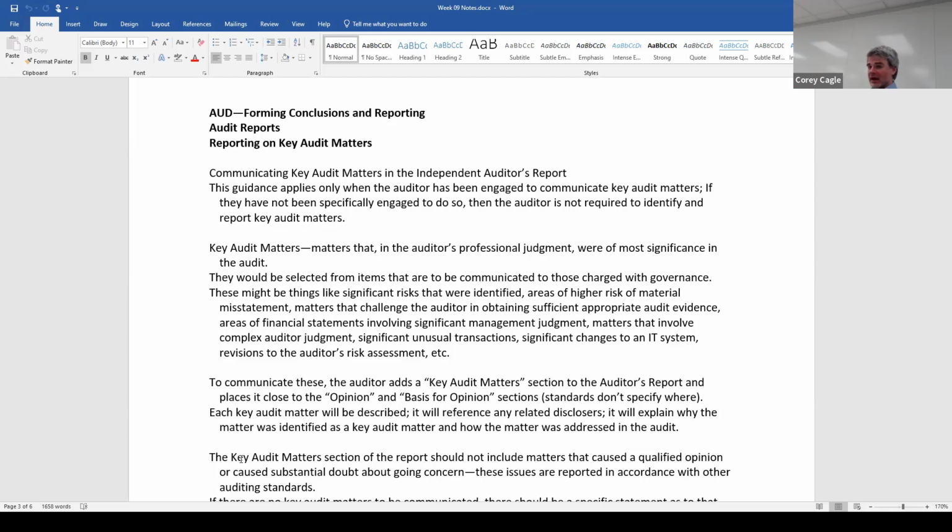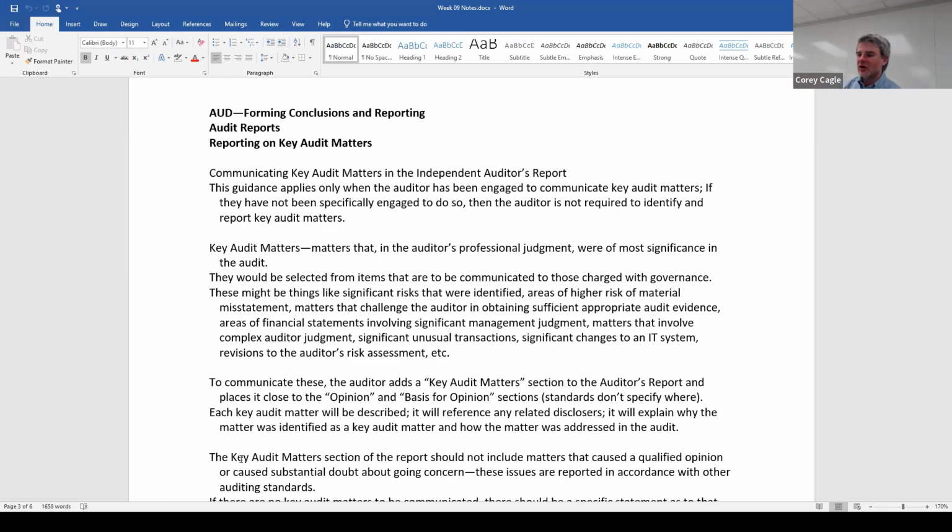Now, what is a key audit matter? These are matters that were significant in the audit. So we communicate these things to those charged with governance. And if we're engaged to actually report on key audit matters, that's where we'd start selecting items for the most significant of those. And these can be things that you really don't want out there as a company, things like high risks of misstatement, areas of high risk, right?